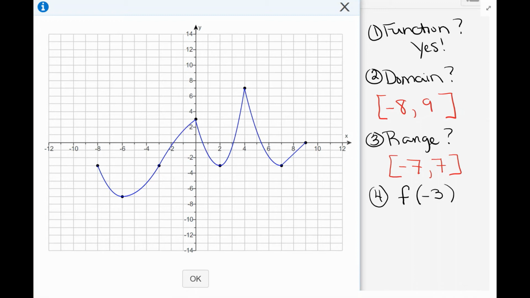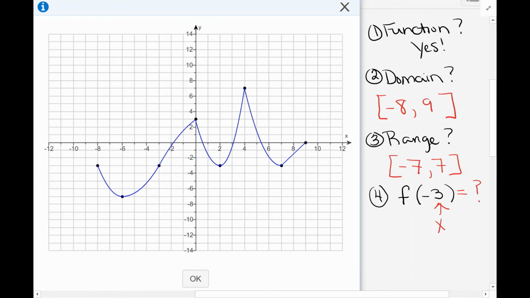If you look at f of -3, -3 is an x value, because typically it's written f of x, right? So whatever they put inside the parentheses is going to be an x value. So if they put down find f of -3, they're basically asking you to find -3 on the graph and give me what the corresponding y is equal to.